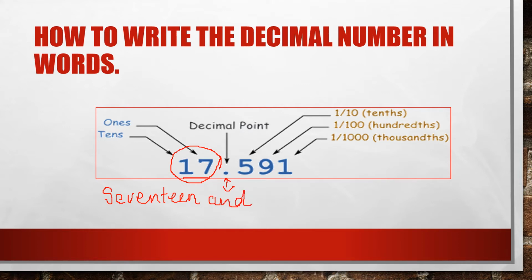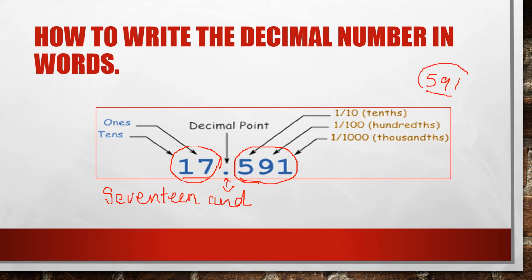and after that we have the right hand side, the decimal part of it. And for the decimal part, the step is that you will be reading it all like a number name you used to make in class 5. So this 591, basically three digits, is 591.